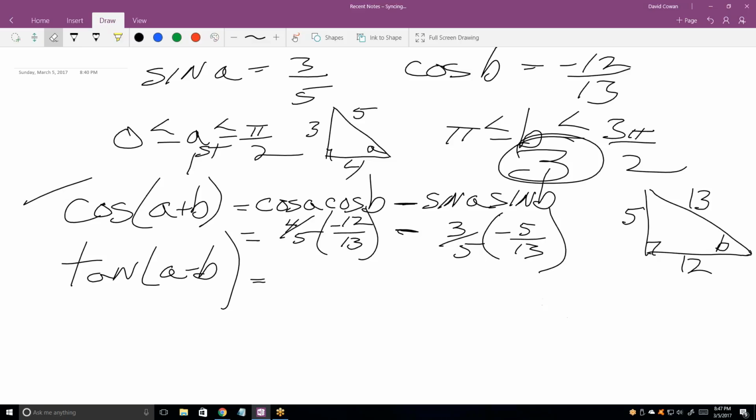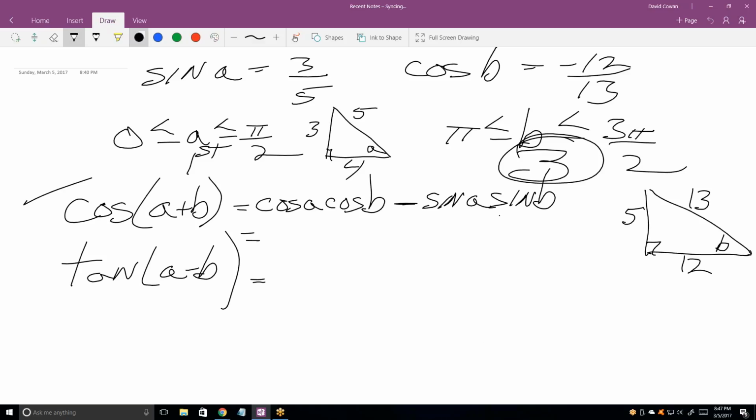What's the general formula for tangent? Tangent of A minus tangent of B. Well, not quite. That's different than what this is.